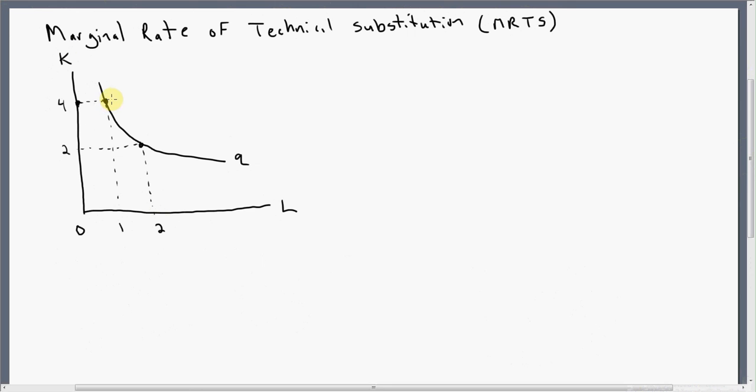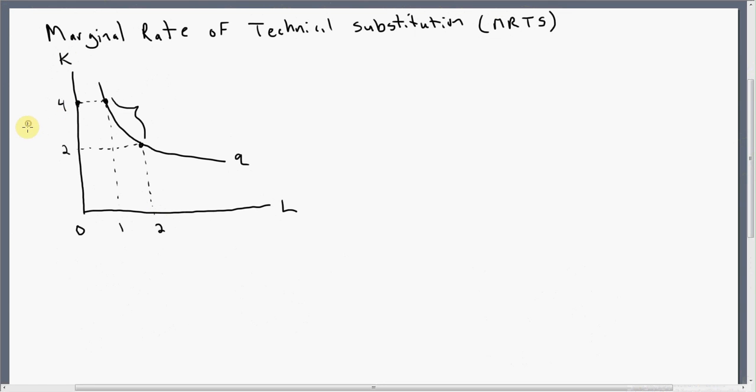So we can calculate the marginal rate of technical substitution between these 2 points. Again, I defined it as the amount of capital that can be reduced or replaced by adding 1 more unit of labor.